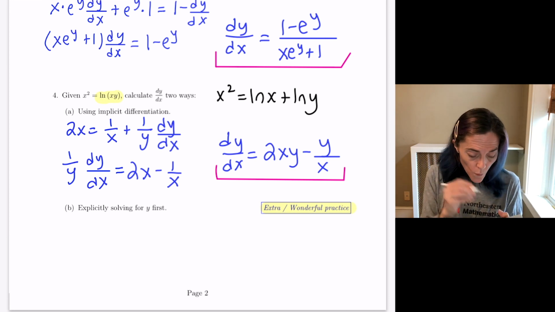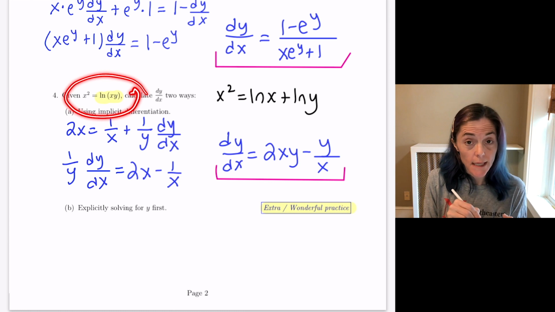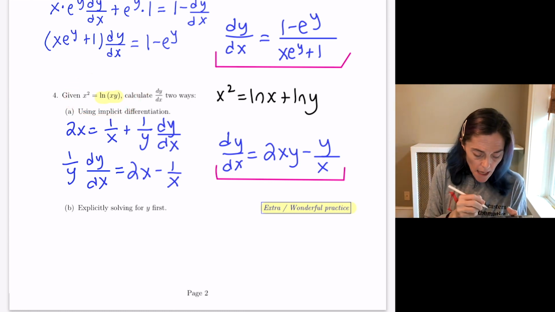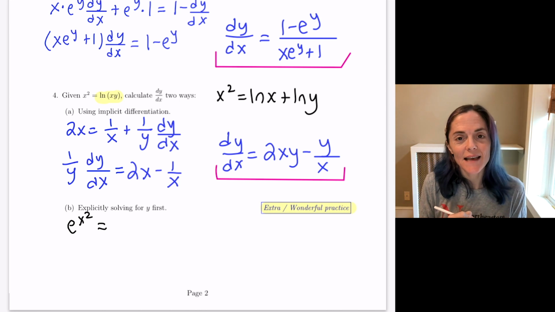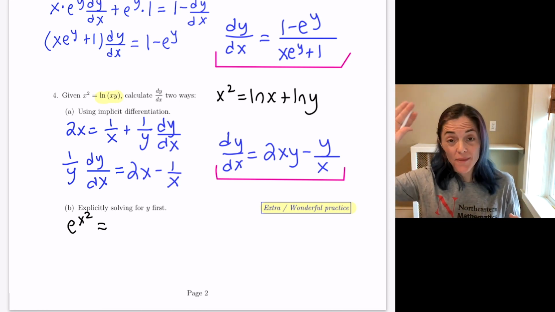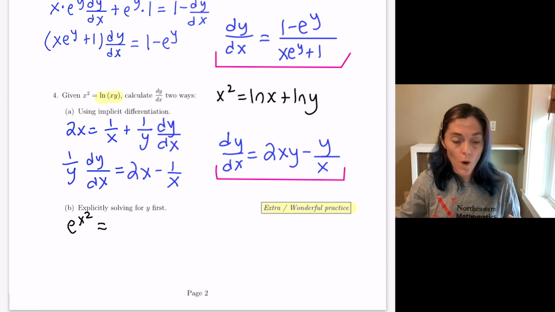Okay, to solve for y first, I'm going to work with this equation and take e to the power of both sides. The left-hand side will be e to the x squared. The right-hand side, we know e to the ln of something is the something. So here, e to the ln of xy.